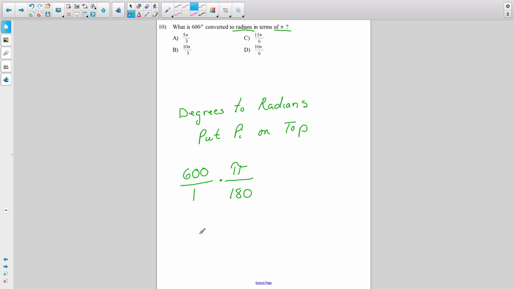Now this just becomes multiplication. You can either reduce the 600 and the 180 right away, or what I prefer to do is just multiply it. 600 pi over 180. Now in your calculator, you can just put in 600 divided by 180, and then math enter enter, which will give you your nice fraction again.